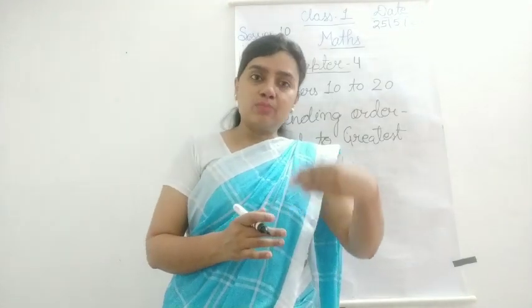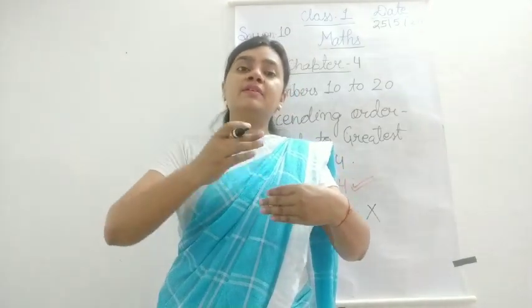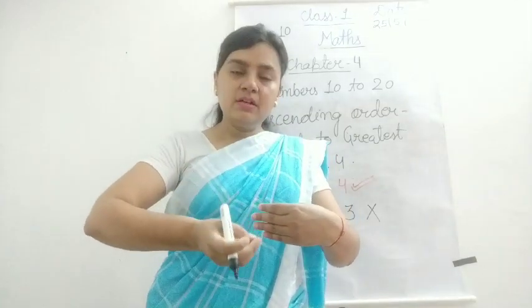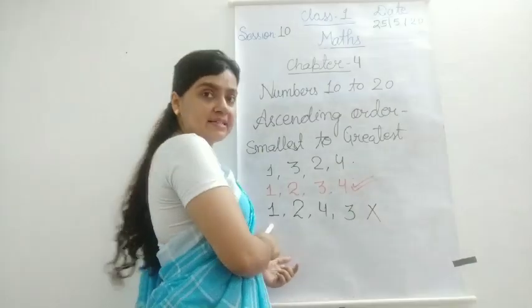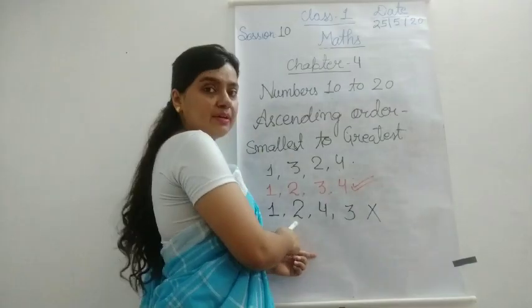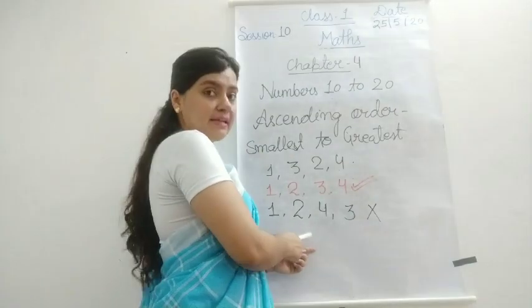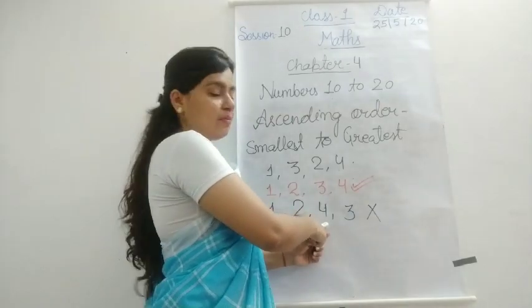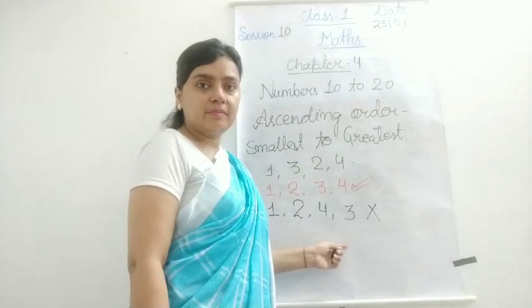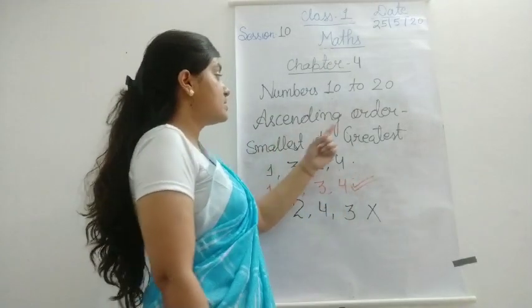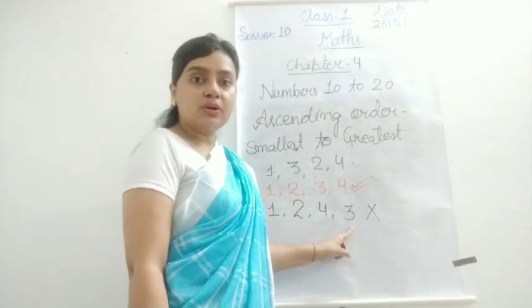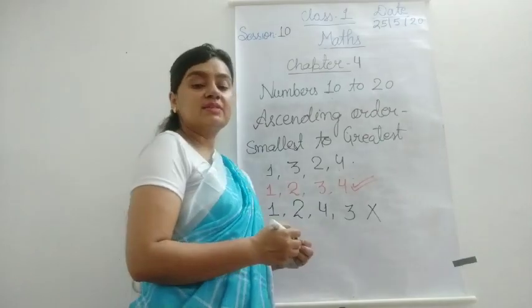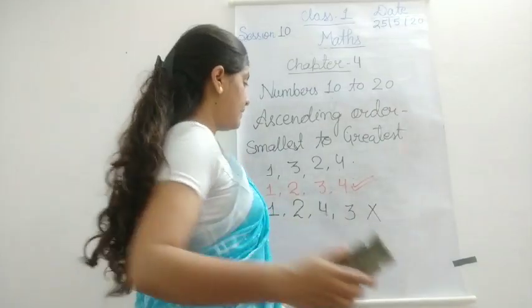At first the smallest number will come, then the number which is a little bit bigger, then a little bit bigger, then the biggest one. Here 1 is the smallest. Afterwards 2 is a little bit bigger than 1. Here you have written 4, but after 4 you have written 3. It says smallest to greatest, and 4 is not the greatest number here. So this will be wrong.